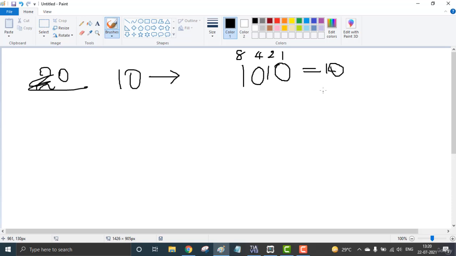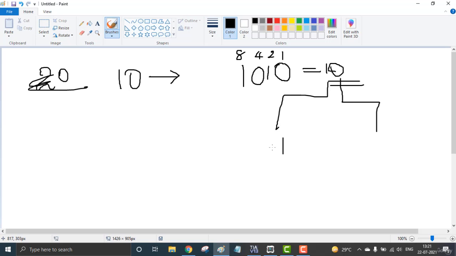So while converting to BCD, we split these digits. Here we have 10, and we split it into the two digits 1 and 0.